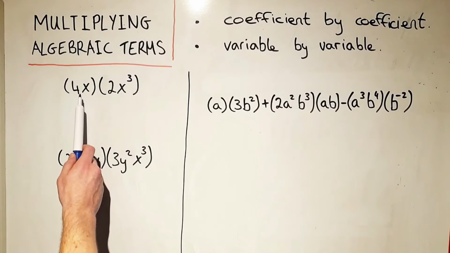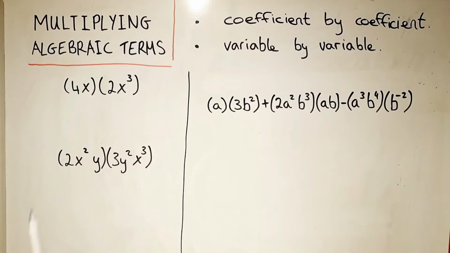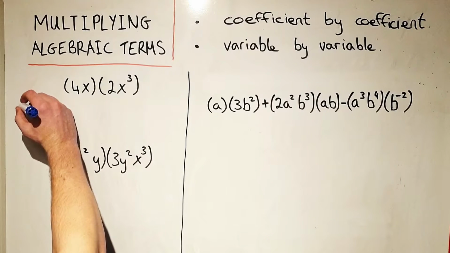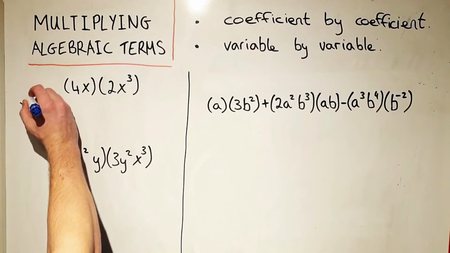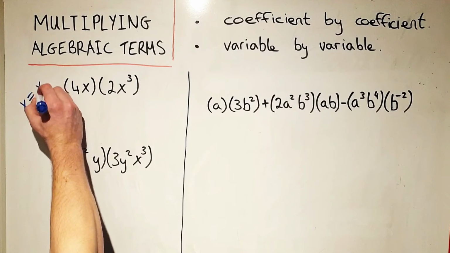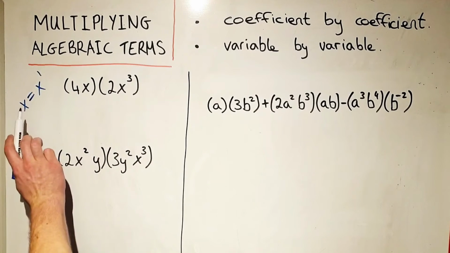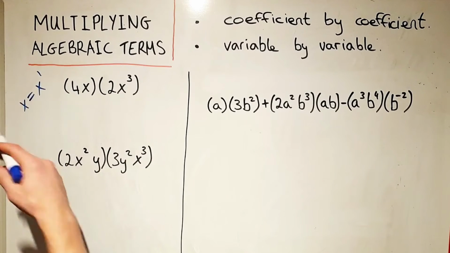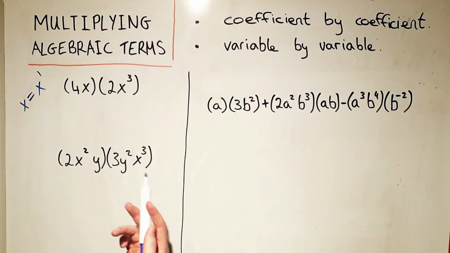Now, to multiply algebraic terms, keep two rules in mind. First, when you see an x, that's the same as x to the power of 1, since anything to the power of 1 is just itself.